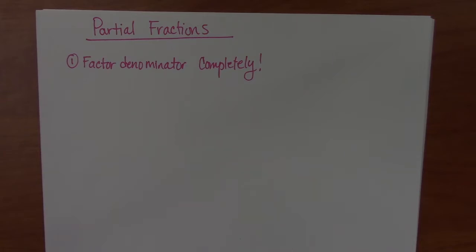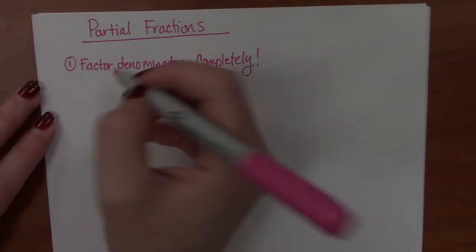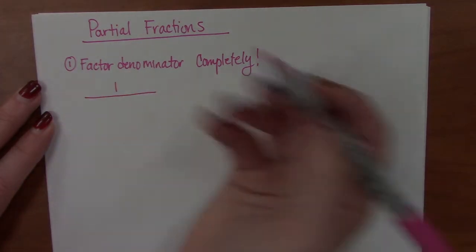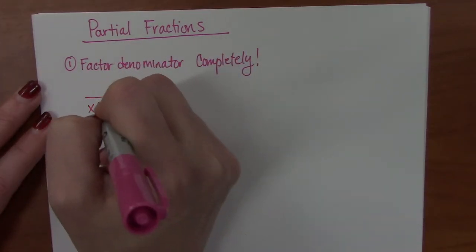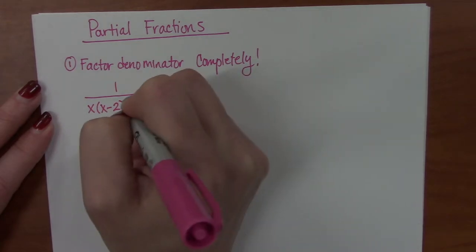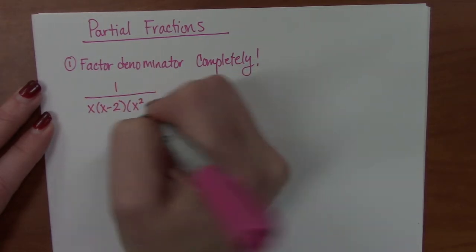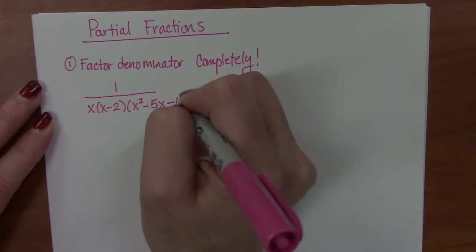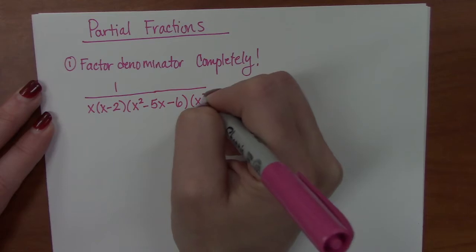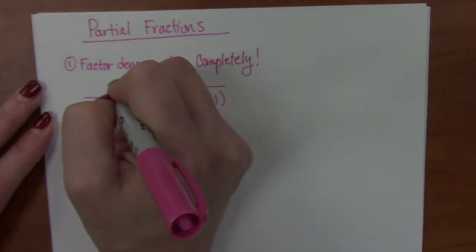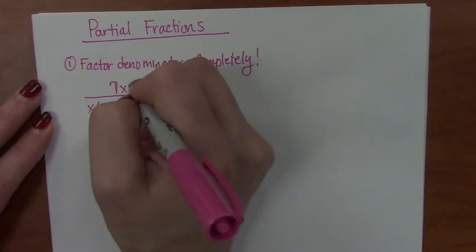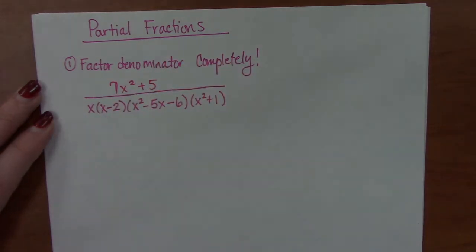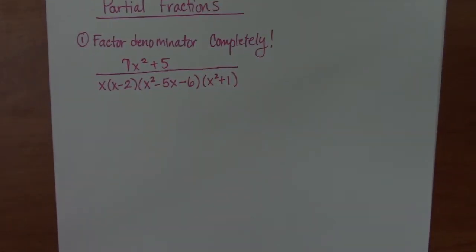So for example, I did a problem on the exam, which a lot of people fell for, where I had things like this. And I think I actually had an expression up here. All right, so everybody looked at that denominator and they were like, oh, cool, sweet, it's factored. I don't have to do anything, right?